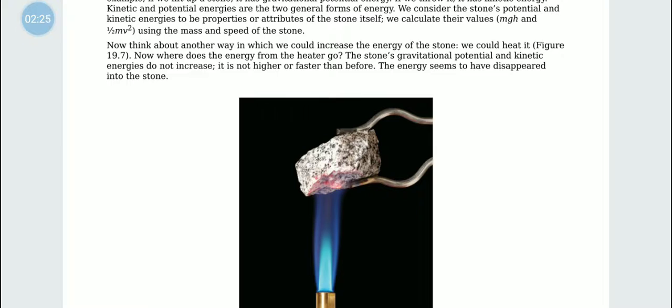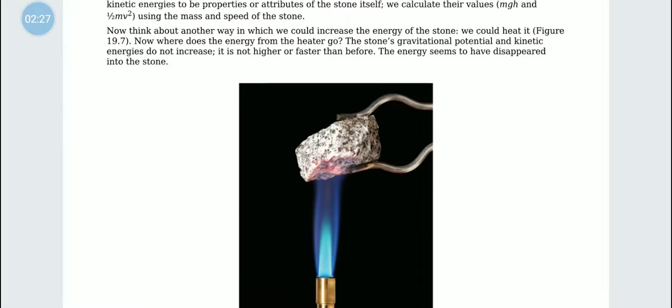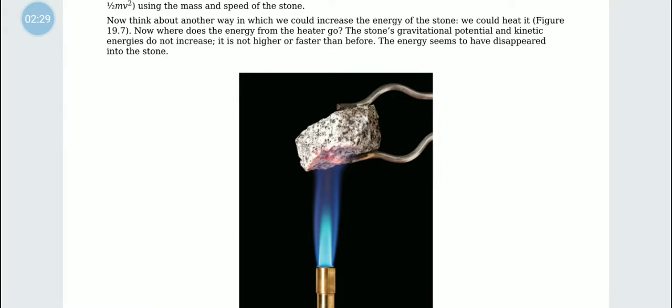Now this particular stone that is shown here, we are heating it. So where does this heat energy go, right? So then we can, in a basic sense, the stone is not going to melt, right?